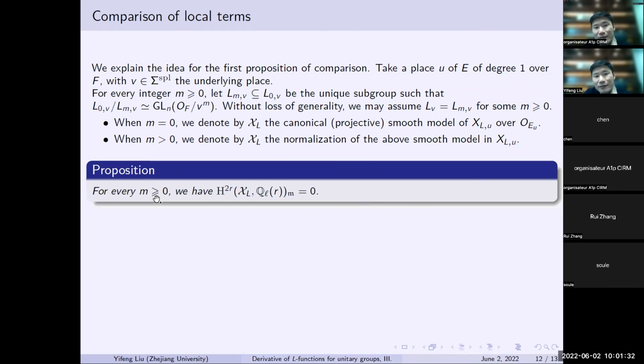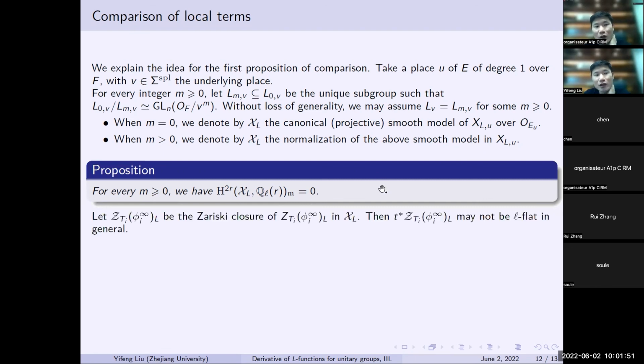For every m greater than 0, if you localize the total étale cohomology of the model of degree 2r at the maximal ideal m given by the representation pi, it is 0. Moreover, this proposition basically allows you to do height pairing using any extension.